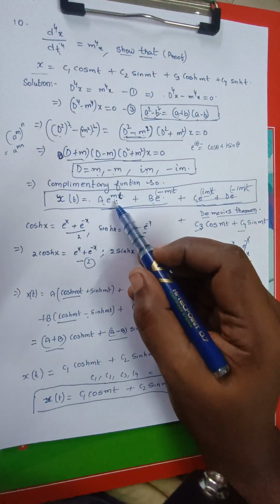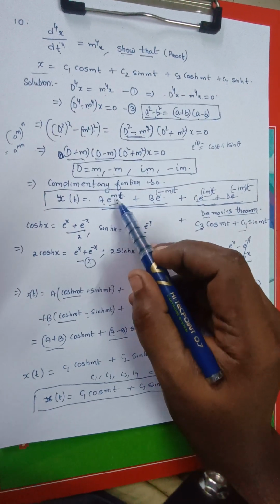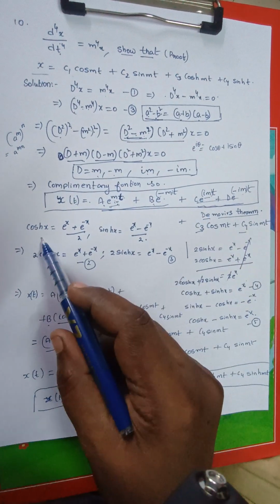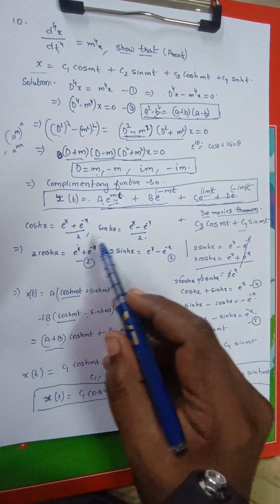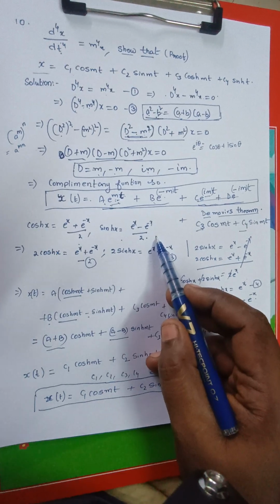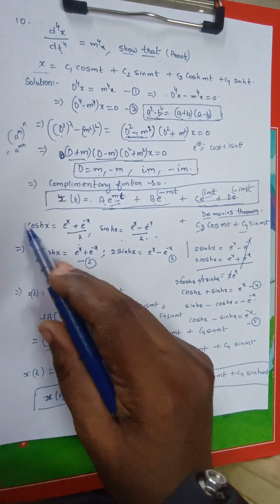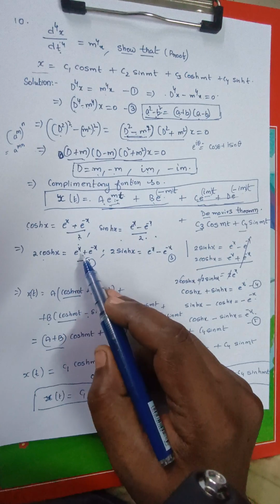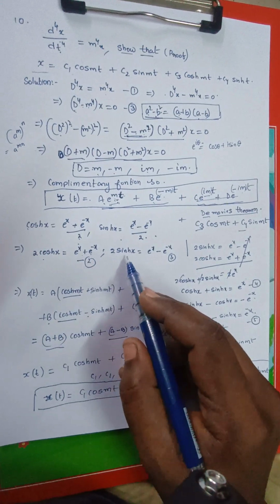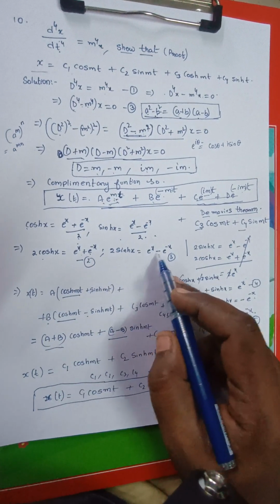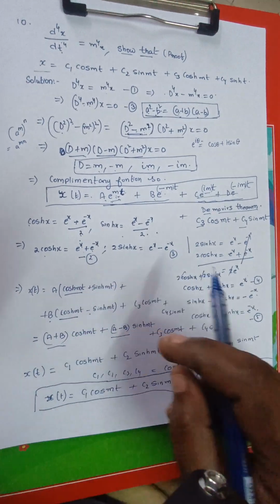Now our hyperbolic terms, and this is e power mt. As I have shown over here, cosh x is represented in this form and sinh x is represented in this form, and therefore 2 cosh x is e power x plus e power minus x, and similarly 2 sinh x is e power x minus e power minus x.